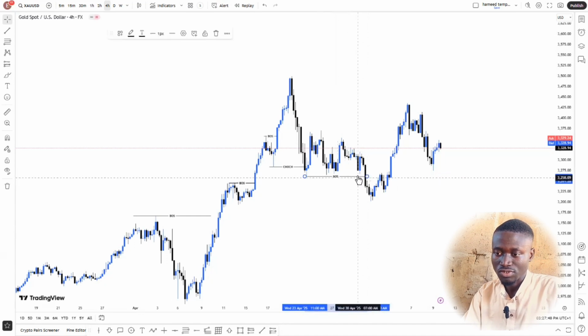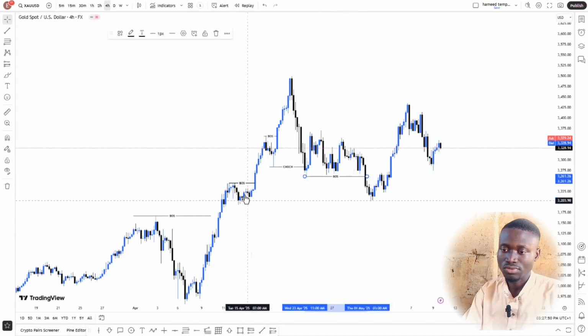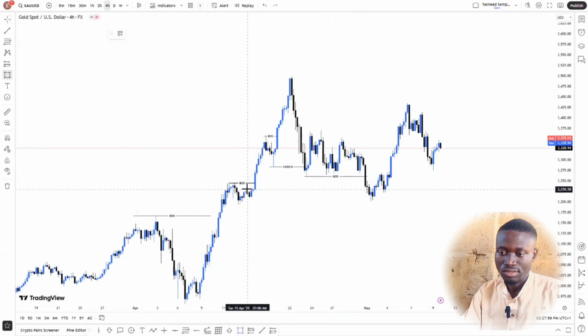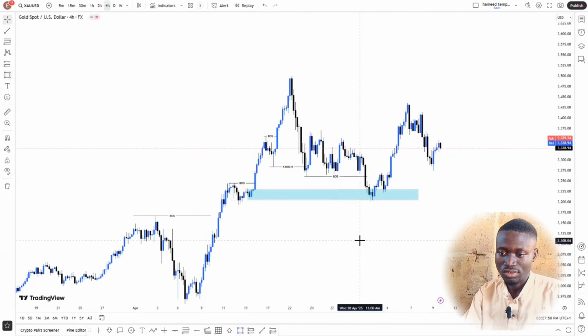We have a new break of structure here. Mind you, there is an origin here. This last break of structure is the origin here. So the origin for this break of structure, this is it.